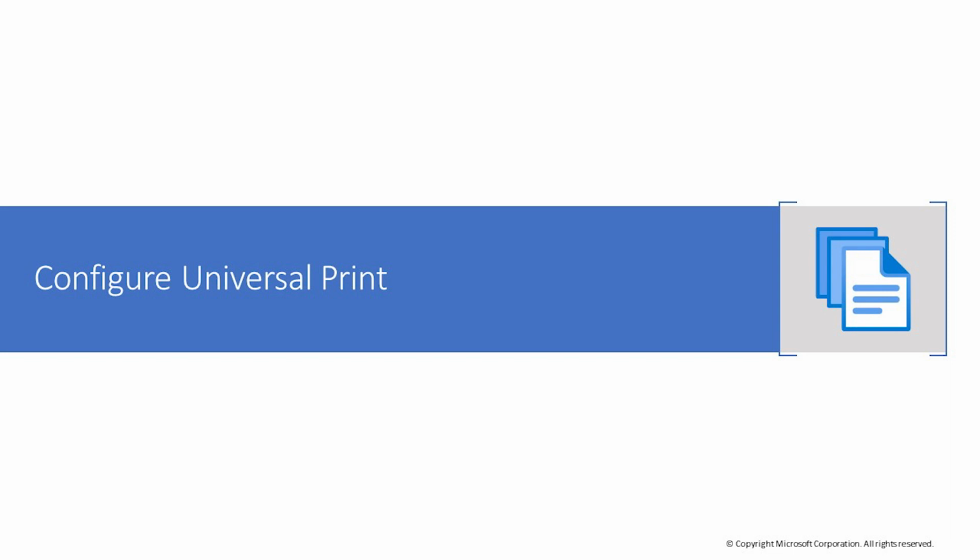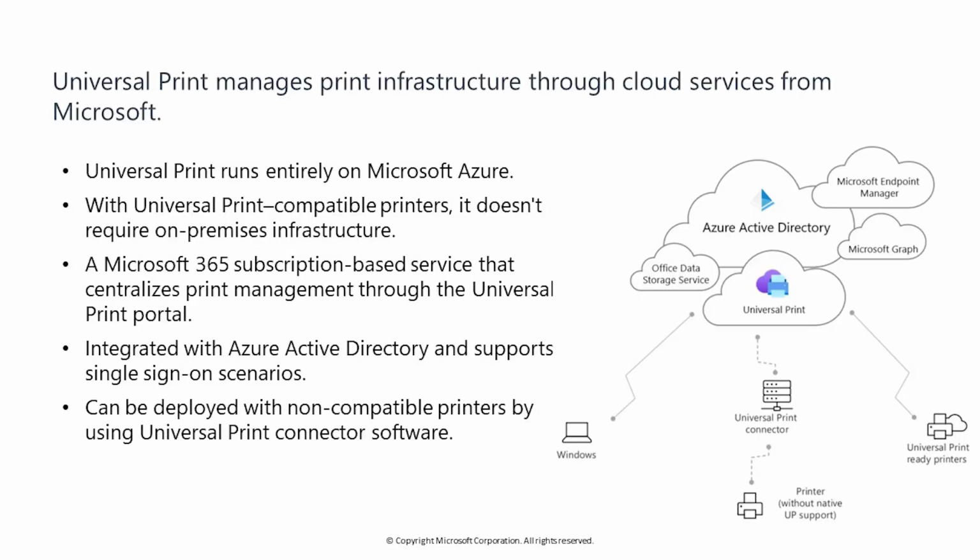So there is one feature which is called Universal Print, right? Now, what exactly is Universal Print? It's a modern print solution that organizations can use to manage their print infrastructure through the cloud services from Microsoft. So this is a service which runs entirely on Microsoft Azure.